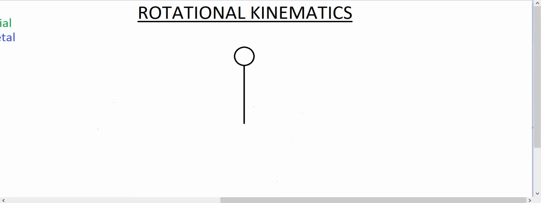Let's say the radius is 1 meter. When you exert a force to cause this ball to rotate, compared to when the length of the string is 2 meters, the force won't have the same effect.